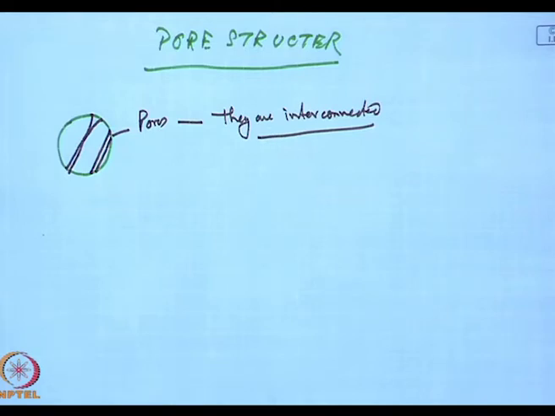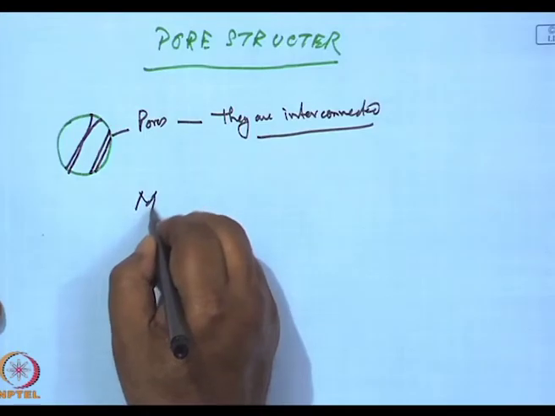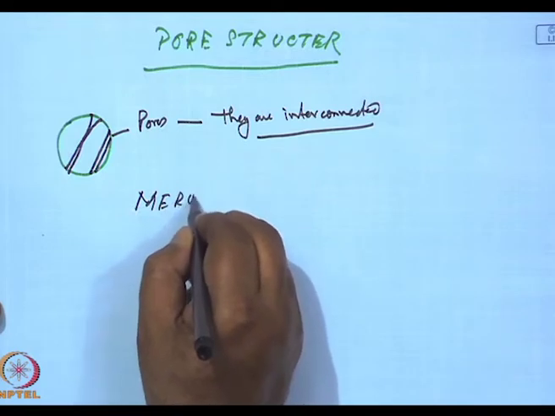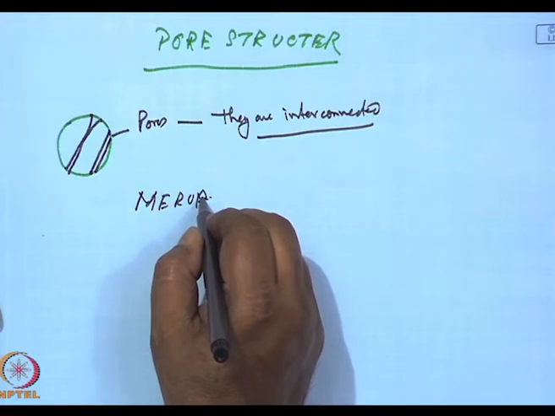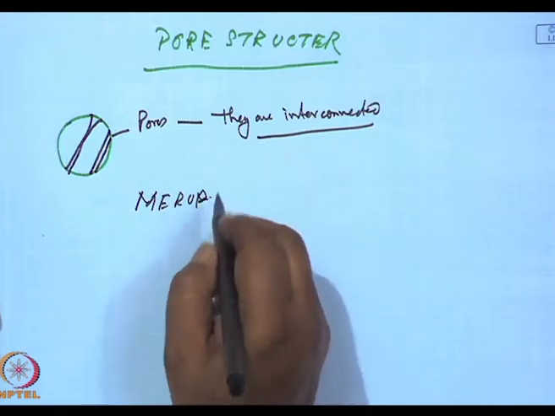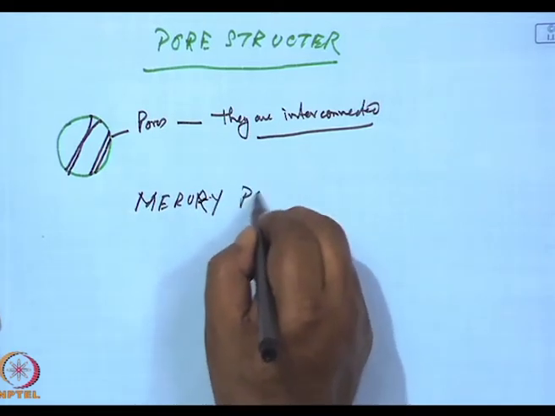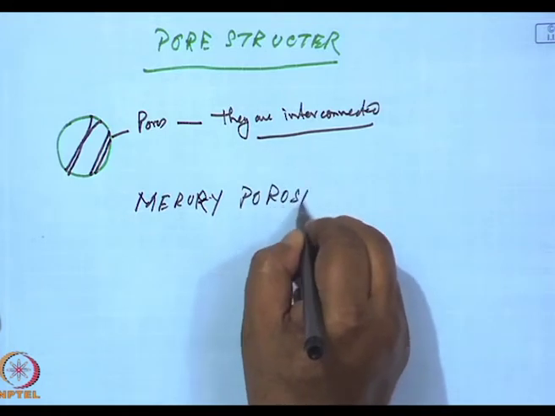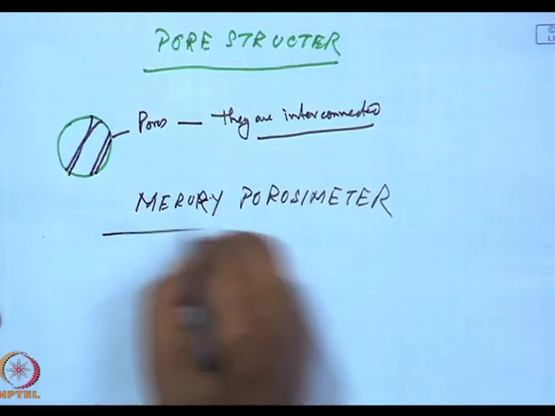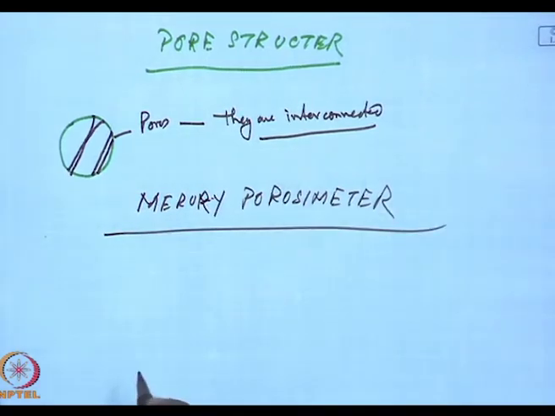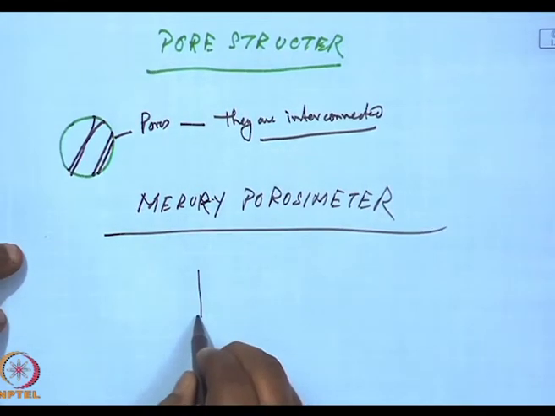One of the ways to do it is mercury porosimetry. What is done?